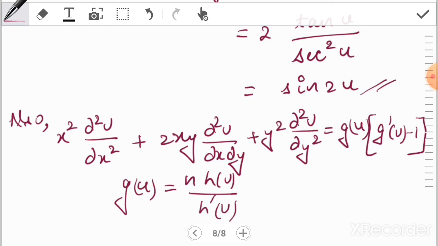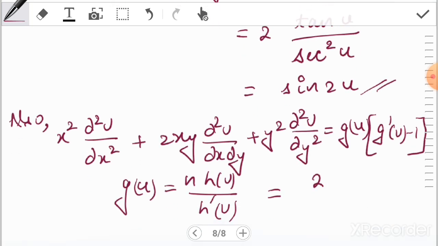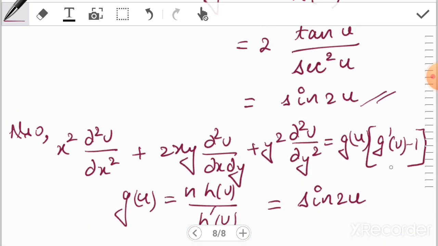So in this case, g(u) is sine 2u. Now put the value of g(u) here, and then this also holds true.